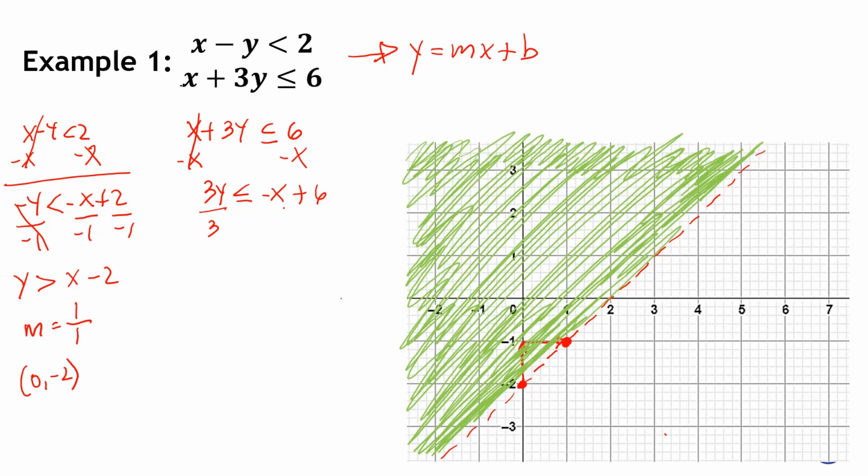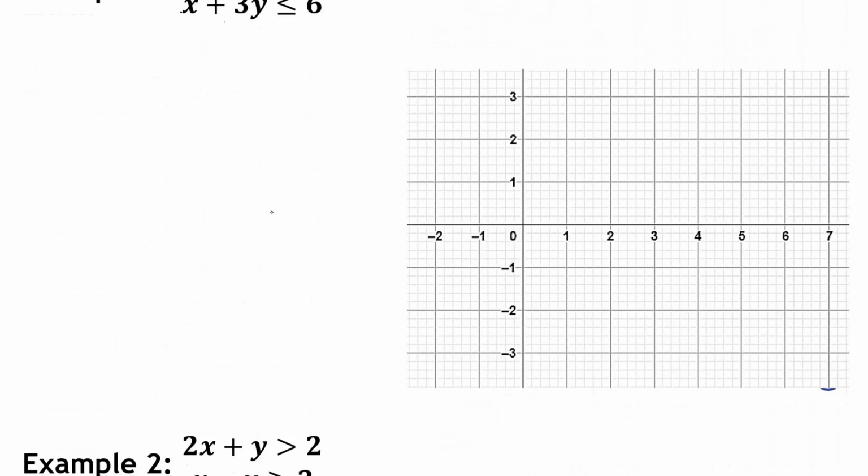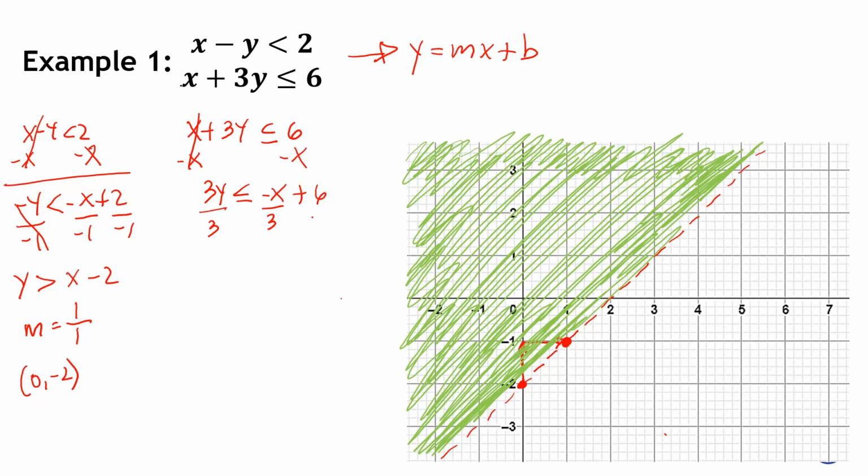Then we need to divide each term by positive 3. So y is less than or equal to negative x over 3 plus positive 2. Okay, so our slope here is negative 1 over 3, the numerical coefficient of x, and our y-intercept is at 0 and 2.